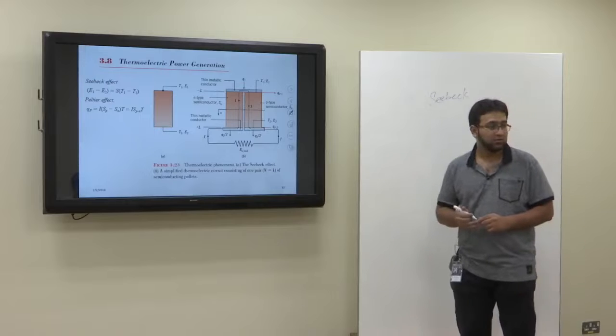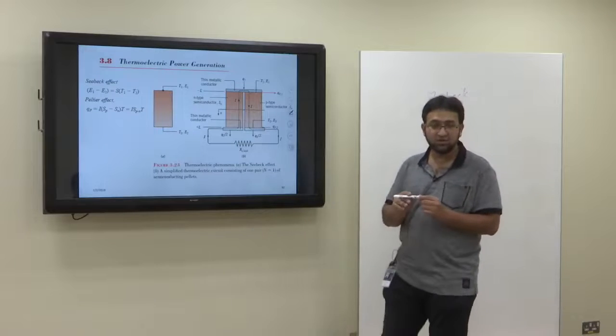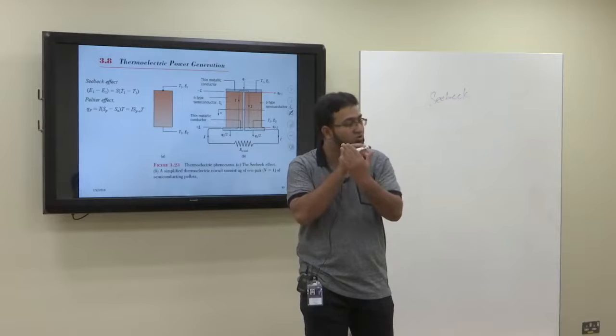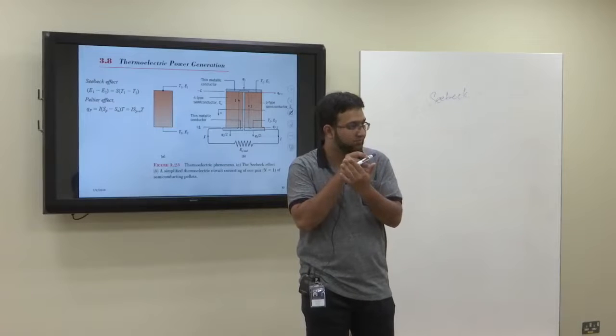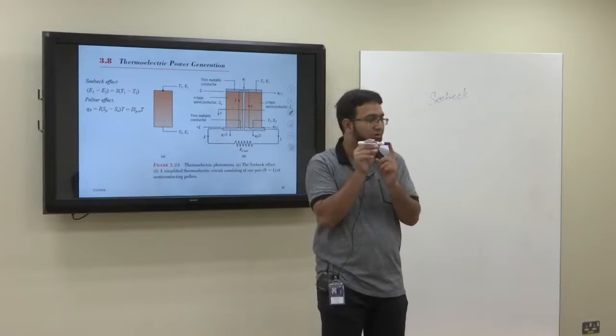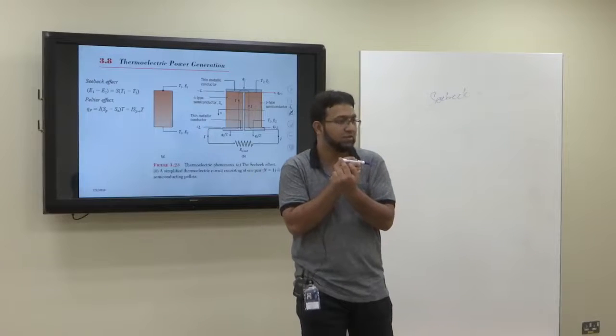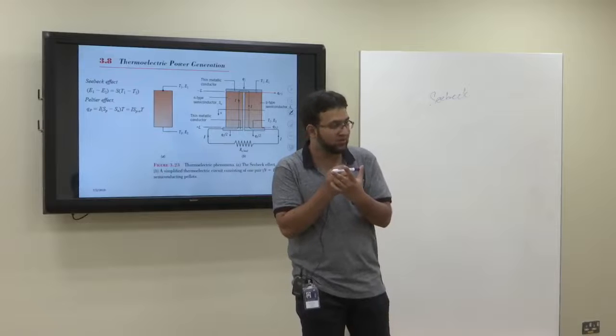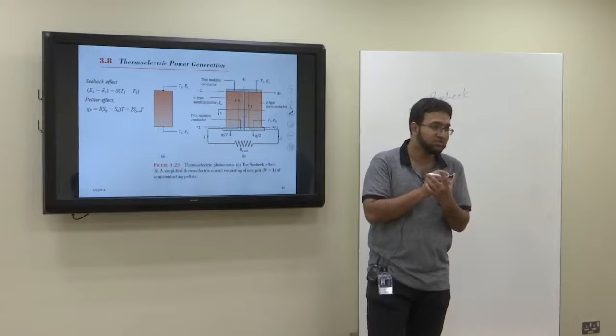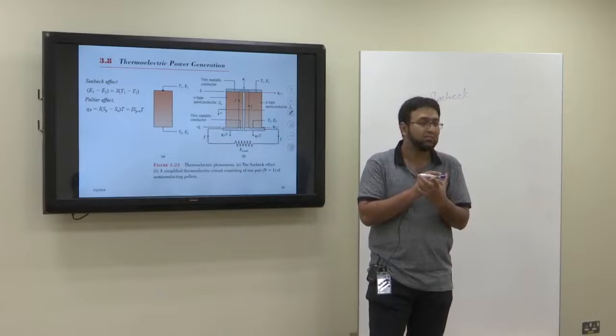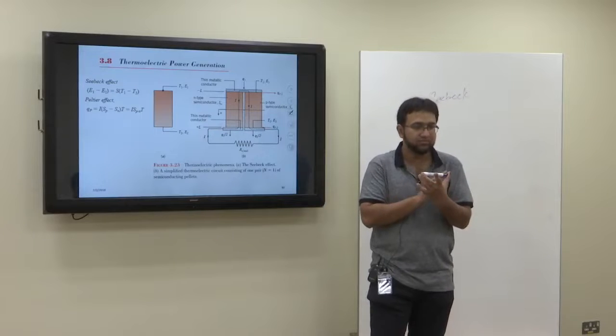effect. Okay, so if I have a material and if I induce a huge temperature difference across it, so let's say this end I put it at 500 degrees centigrade, this I put it at 100 degrees centigrade. So huge temperature difference I place it, and because of this huge temperature difference, there is an electrical potential difference generated as well.